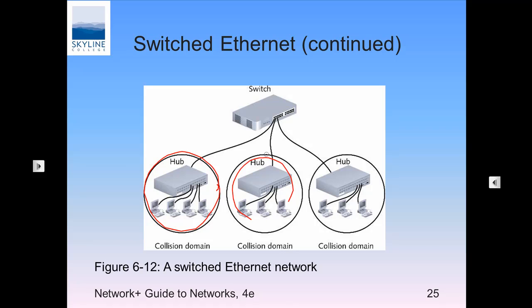Collision domain here because they're all in the same. So in this one we have created 3 collision domains. If we took something out here, it would be in its own collision domain. We'd have 4. So anything that comes out of a switch, every switch port, is its own collision domain. How does that help us?